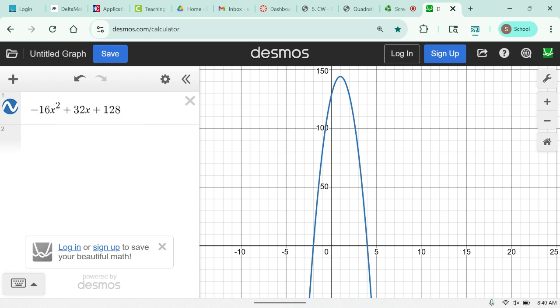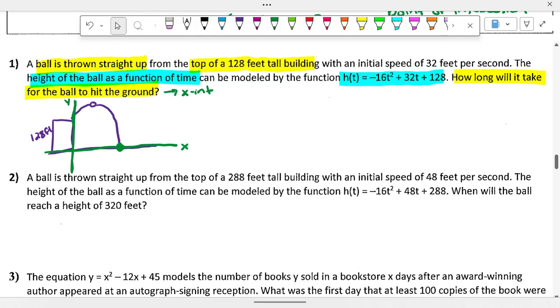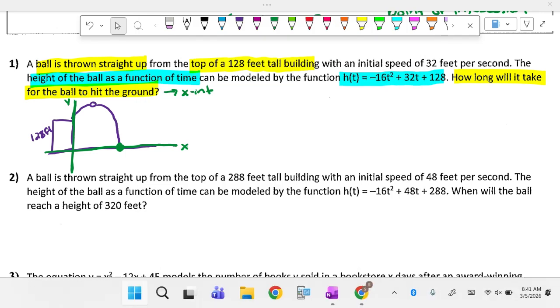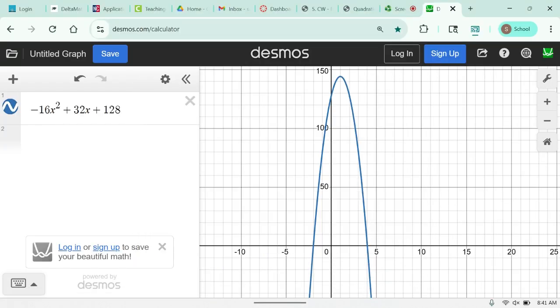What part of this picture would not look like the picture that I drew here? The negative side. So in other words, I have the y-intercept highlighted, but if it's to the left of the y-axis, we don't need it. Why do you think that is?